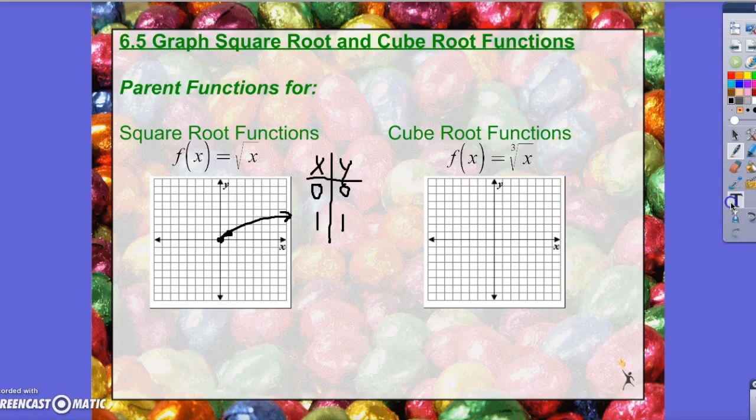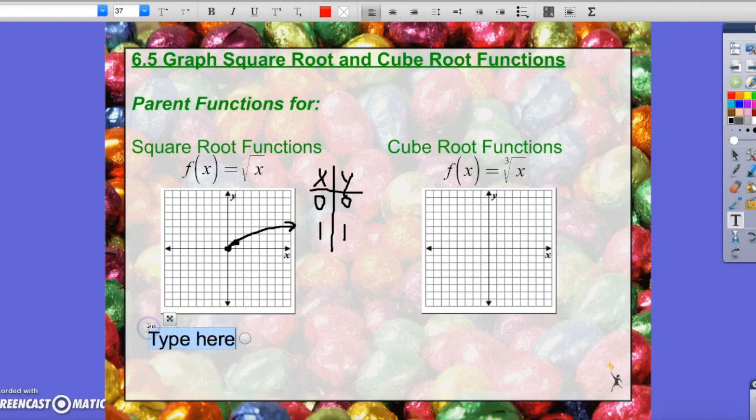Now, to talk about domain and range, D for domain. There is a restriction. If I take my pen right here, or my cursor, x goes up and down. I start at 0, and I work my way to the right.